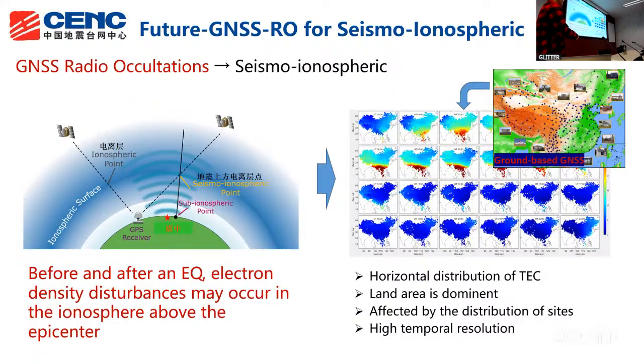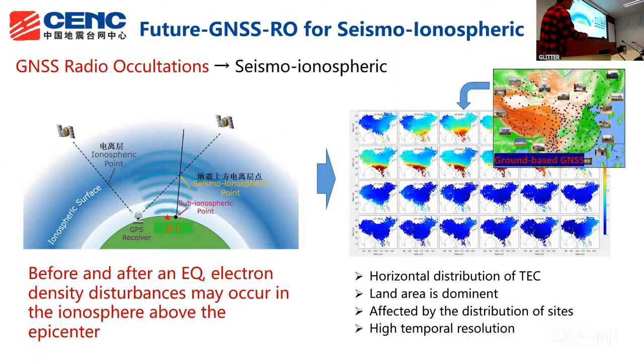So based on this theory, we use the ground-based GNSS data to invert the TEC density. We can get this every hour or every day. We can get the map of this, so we can see the TEC varies with the different areas.